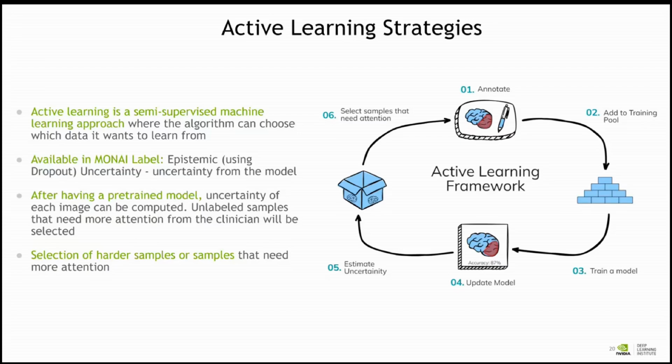From that selection, you update the model, estimate the uncertainty again, or compute a number to sort or rank the unlabeled images, annotate that or review that annotation, and do the cycle, right? We have that implemented in MONAI Label. You can do that by computing uncertainty from the model and from the data sets.